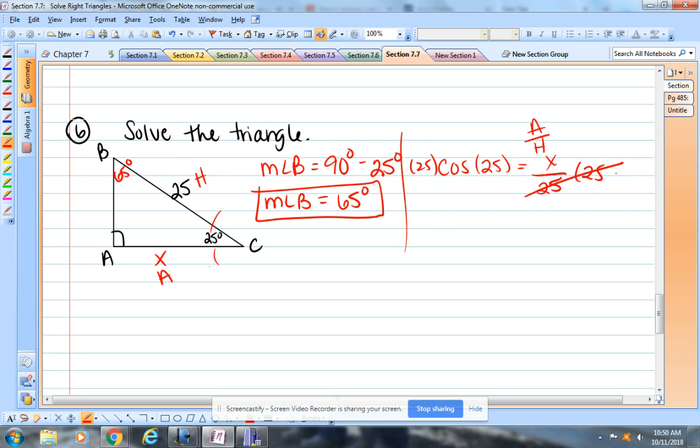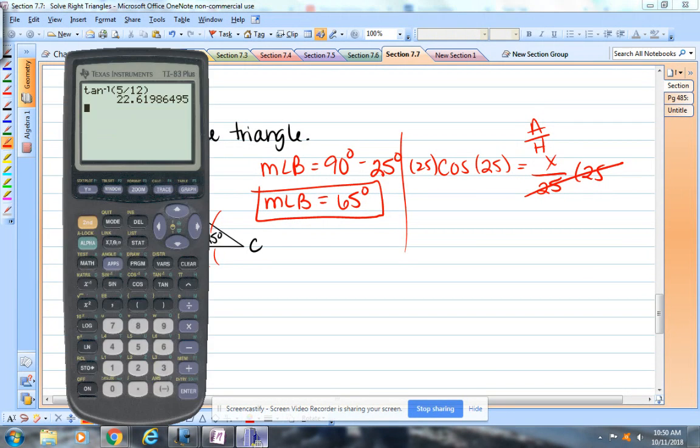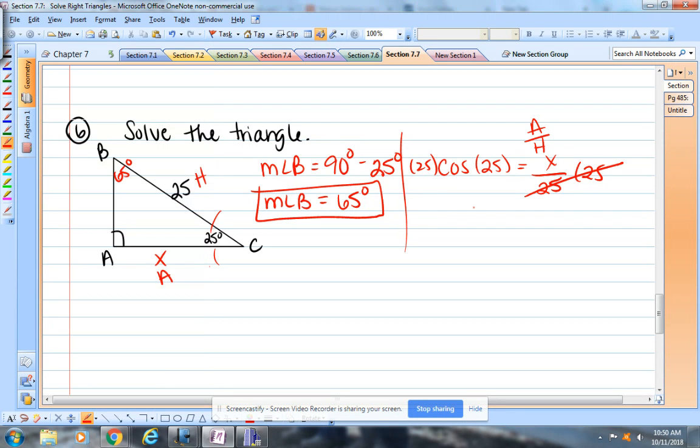You only use inverse if you're looking for an angle measure. So 25 times the cosine of 25. And you don't even have to put that times key in there. I'll just do it out of habit. And we're getting approximately what? So x is approximately 22.7.